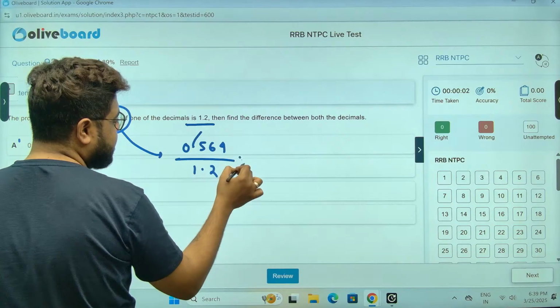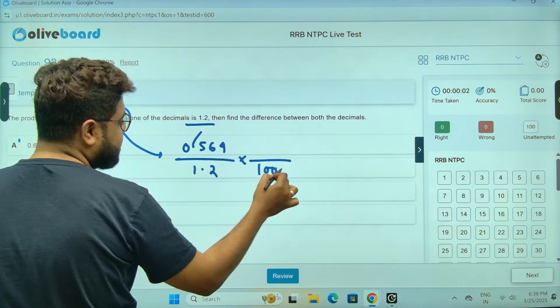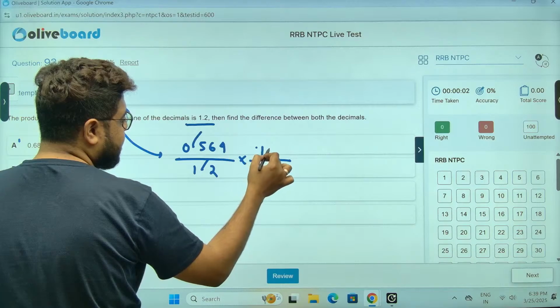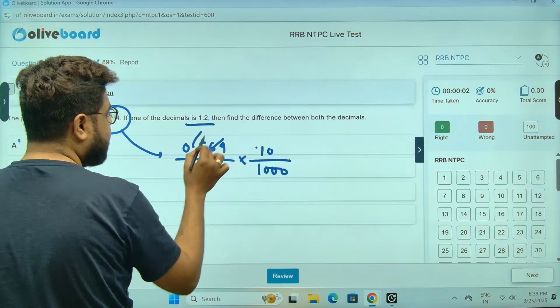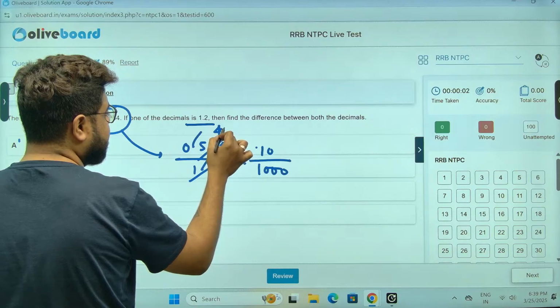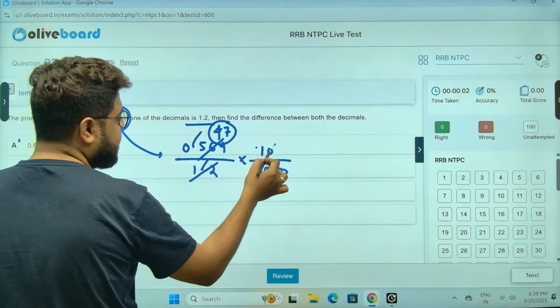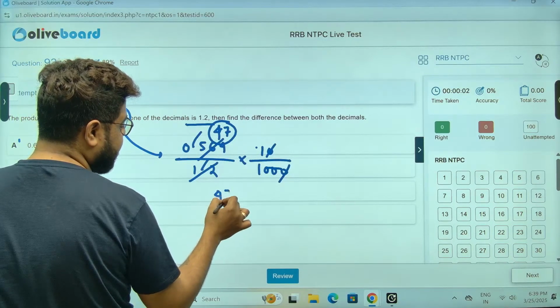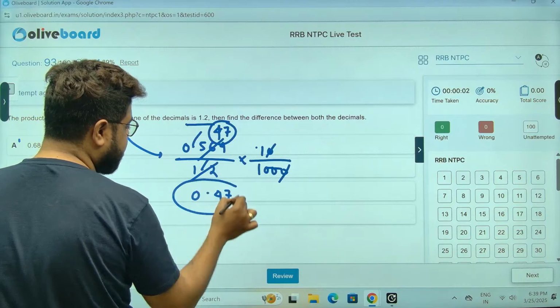Do not take tension with this. This is 1000. This is 10. 12. 4s are 48. 12s are 7s are 8. So this is 10 gone. This is 47 by 100, meaning 0.47 is the other decimal.